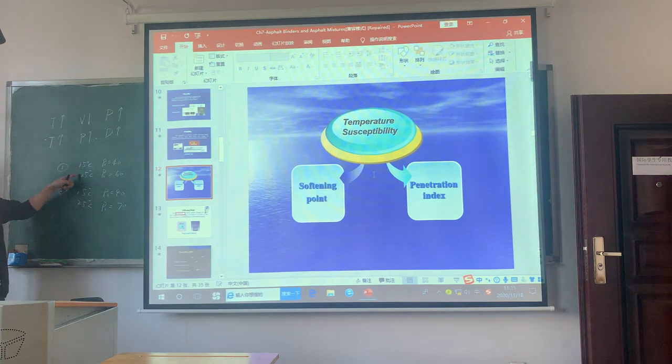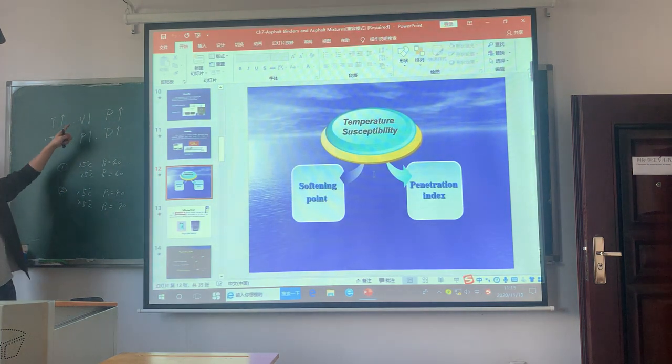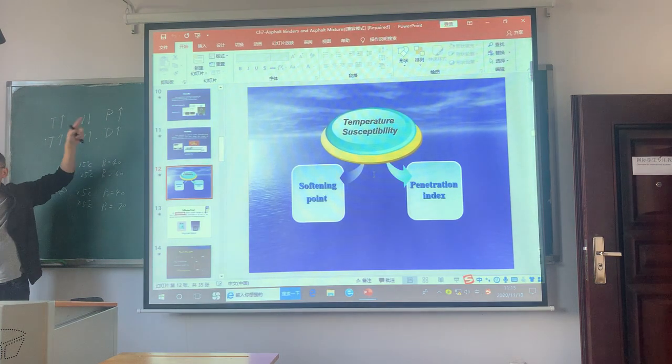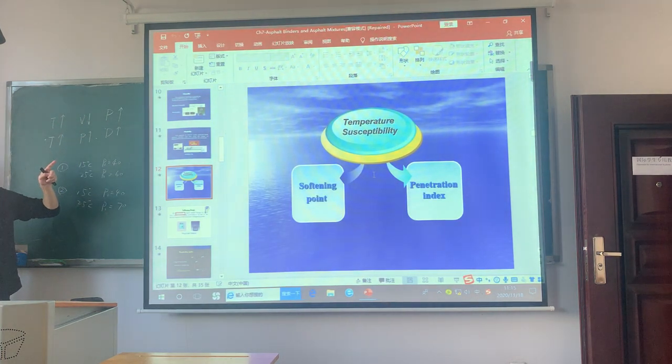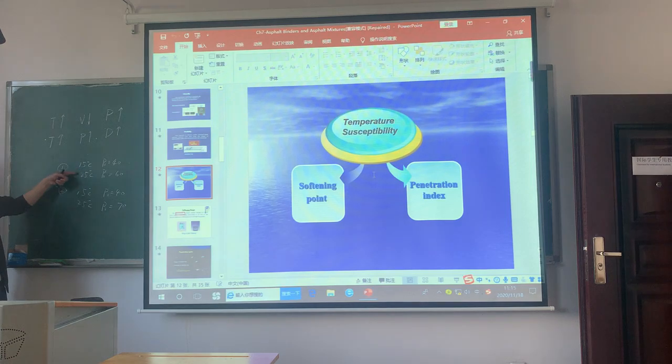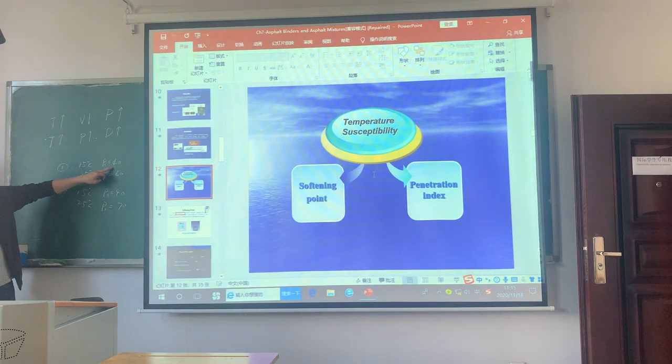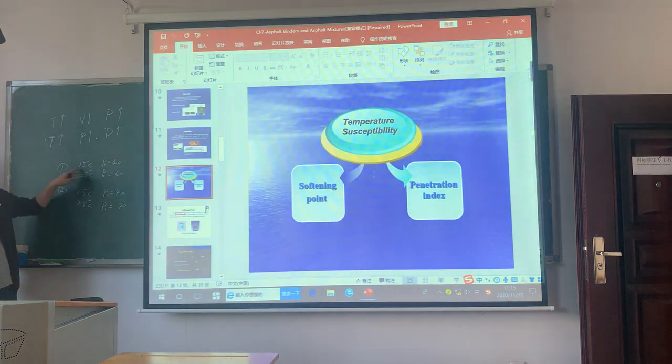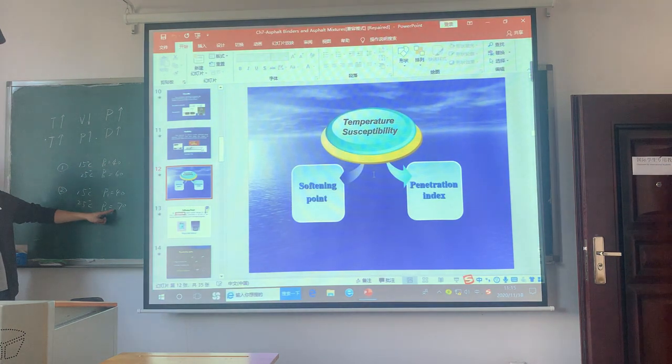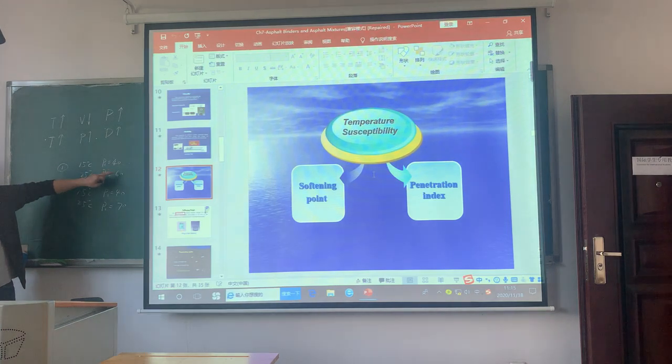When we increase the temperature, the penetration increases, but the change for the second one is smaller than this one. So this is the temperature susceptibility.